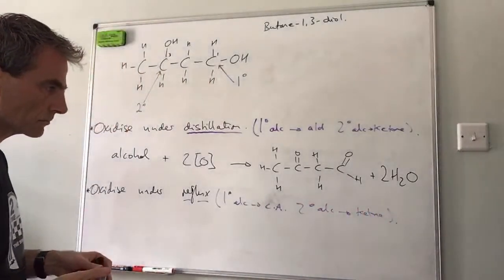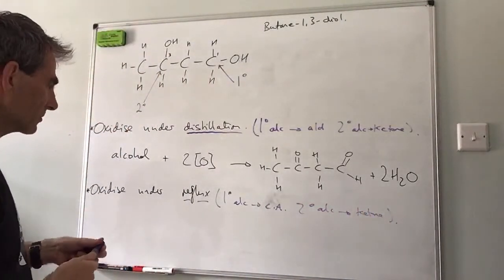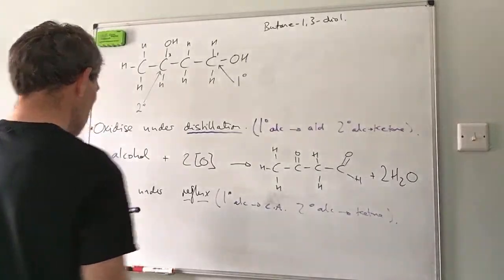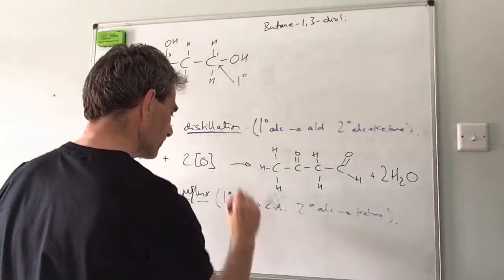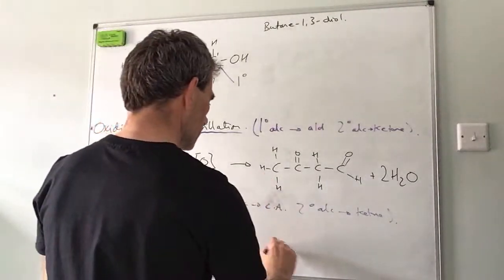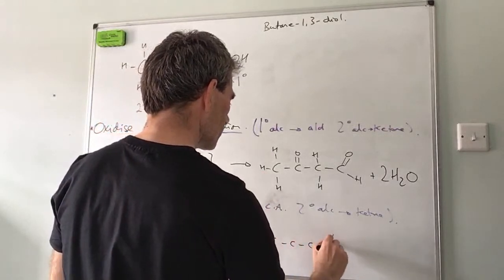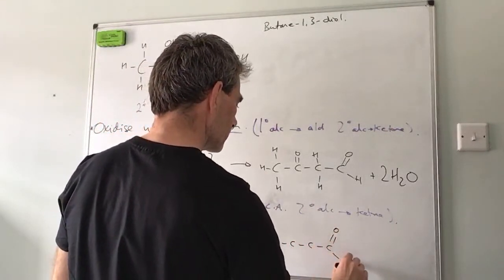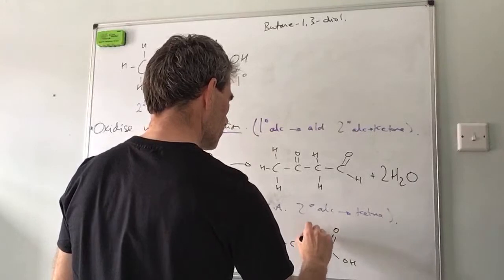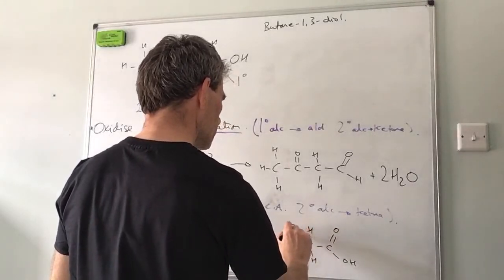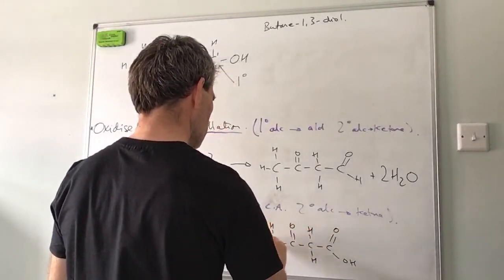Okay? Right, so what's that going to look like? So 1, 2, 3, 4, that's now a carboxylic acid. Hydrogens, ketone, hydrogens.